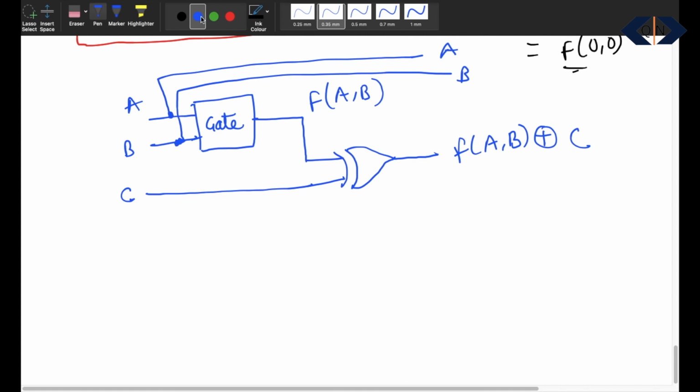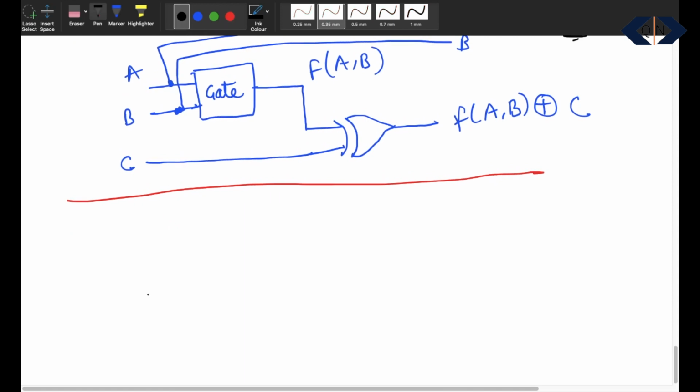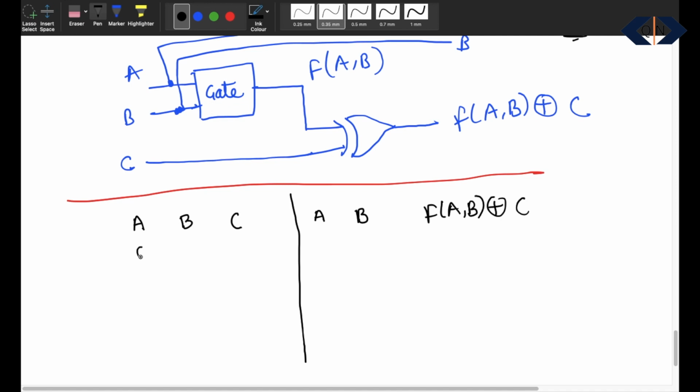Now let's write the truth table. How will the truth table of this particular reversible gate look? Let's start with inputs A, B, C, and the output side will be A, B, and function of A and B XOR with C. Now suppose this is 0,0,0; 0,0,1.